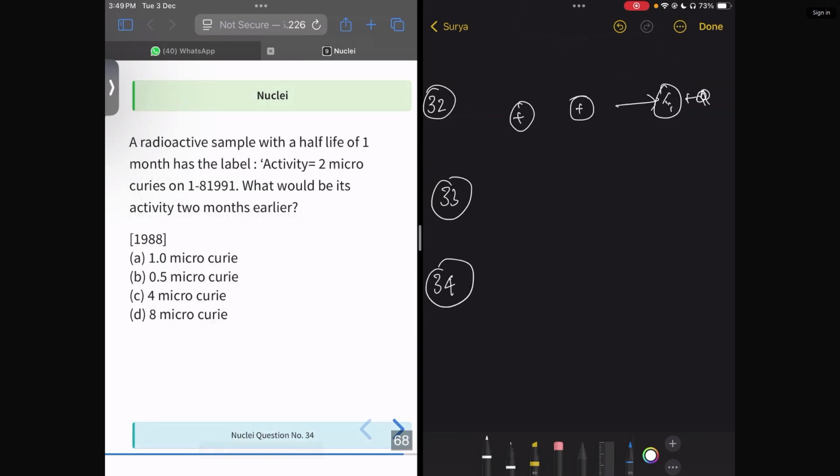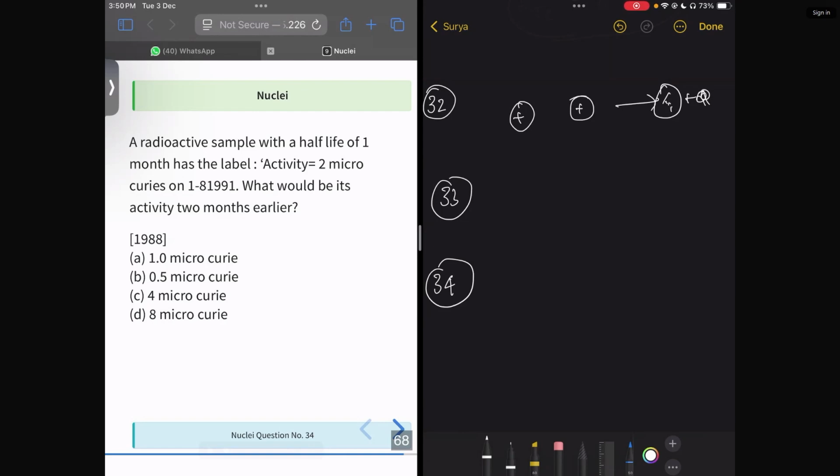34. A radioactive sample has a half-life of 1 month, as labelled.